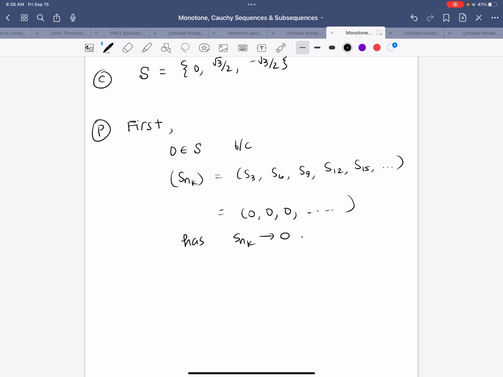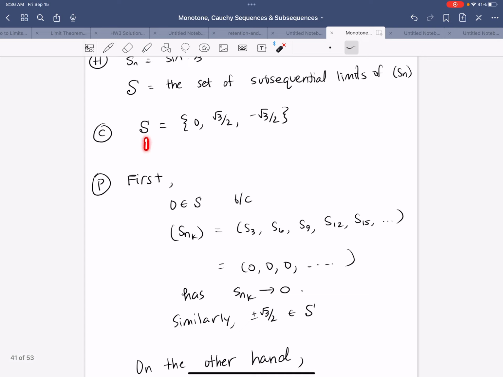Okay, and then similarly, root 3 over 2 and negative root 3 over 2 belong to S. So now, on the other hand, we need to show that everything in S is one of these three.